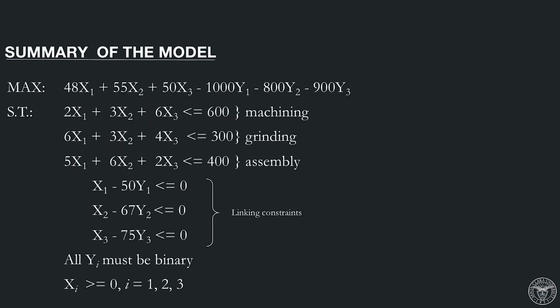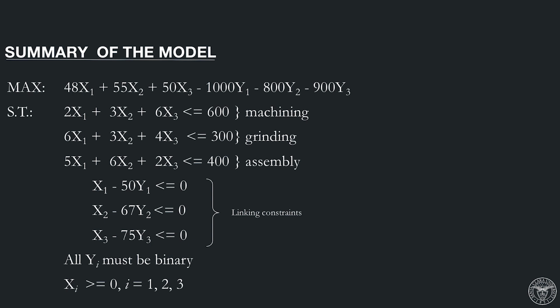In summary, solving through this example, we have an objective function of 48 times x1 plus 55 times x2 plus 50 times x3 minus the setup cost of 1000 times y1 minus 800 times y2 minus 900 times y3. We have those three constraints for the machining department, grinding department, and assembly department.